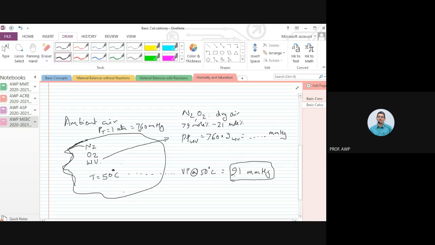So at the most, air can have a partial pressure of water vapor equal to 91 millimeters of mercury at this temperature. This ratio of partial pressure divided by vapor pressure, times 100, we call percent relative humidity.